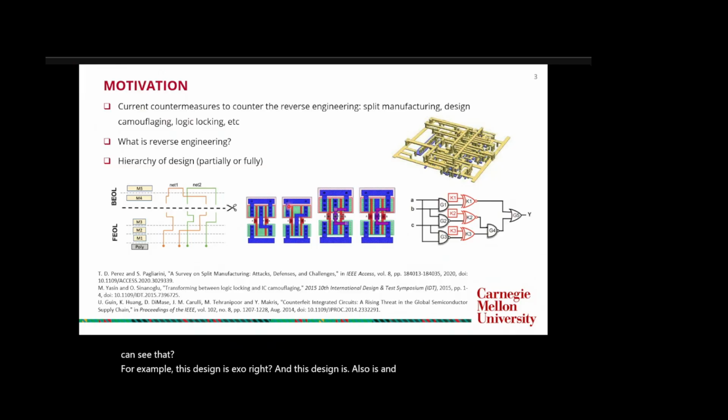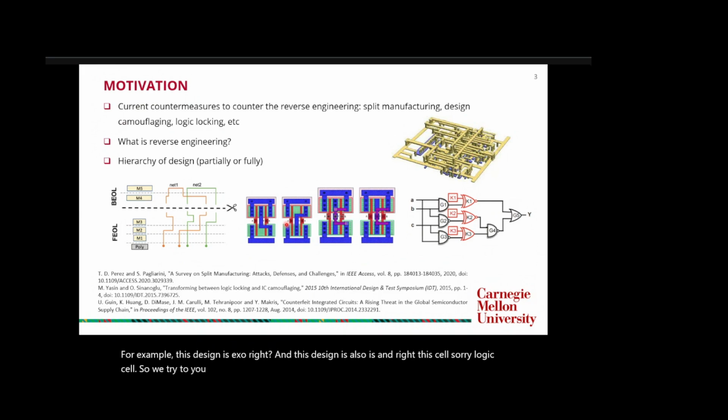This logic cell, sorry. So we try to build cells which are functionally different, inequivalent, but they look similar or equivalent from visual inspection, right? When we do, for example, SEM analysis.